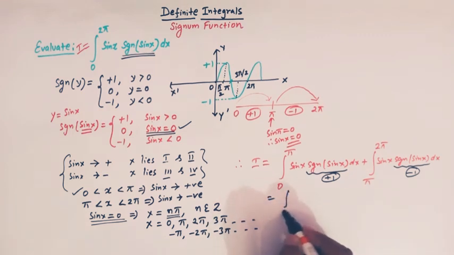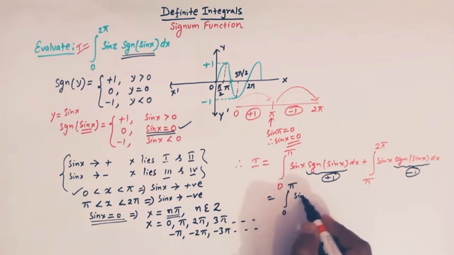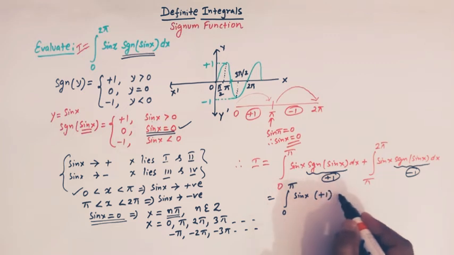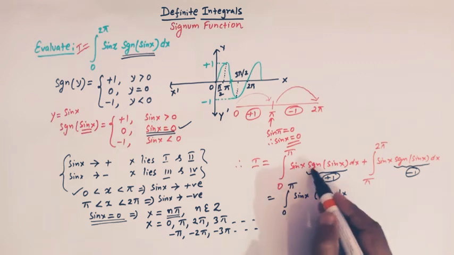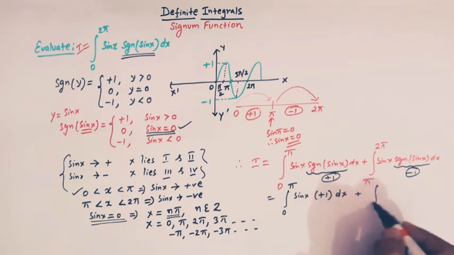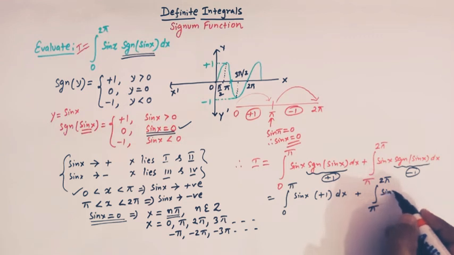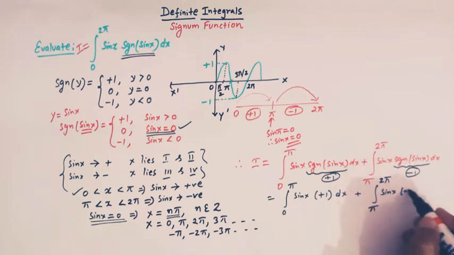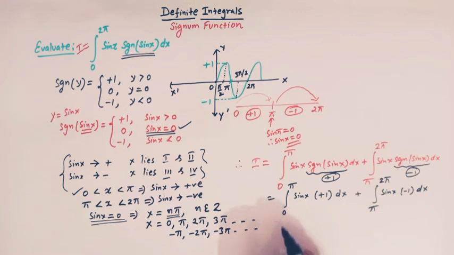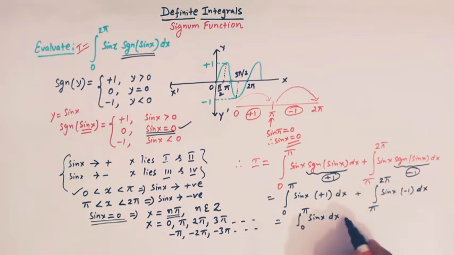So we have the integral from 0 to pi of sine x dx, and this is minus the integral from pi to 2 pi of sine x dx.